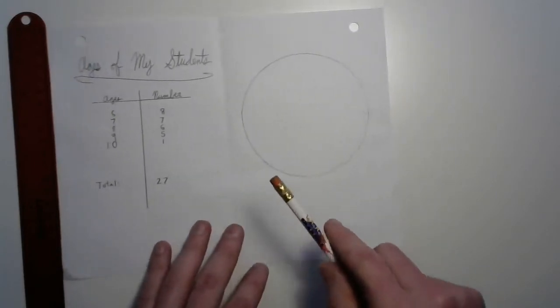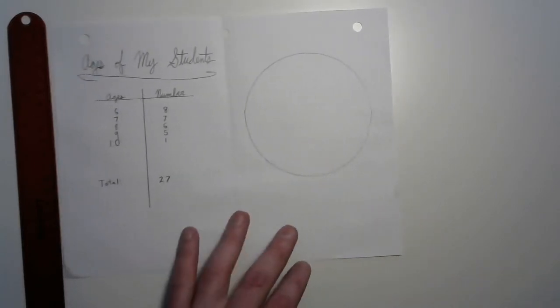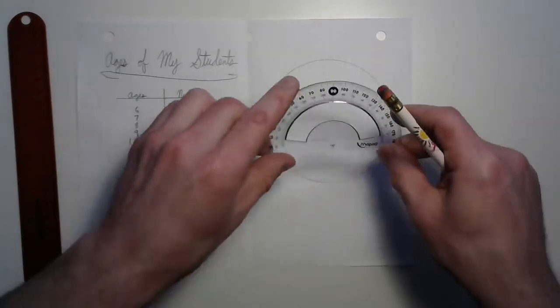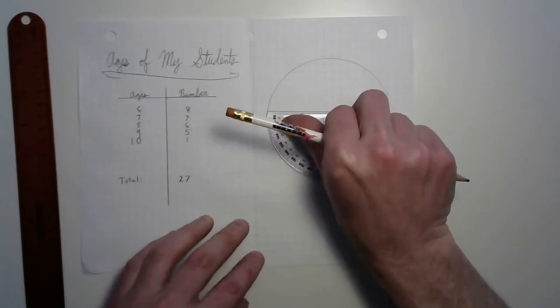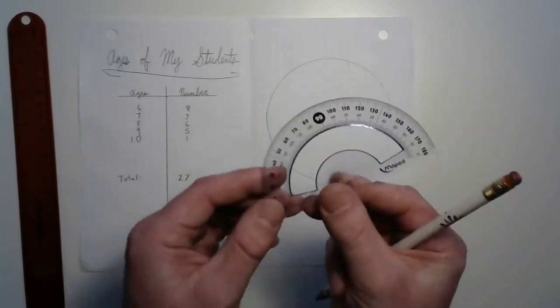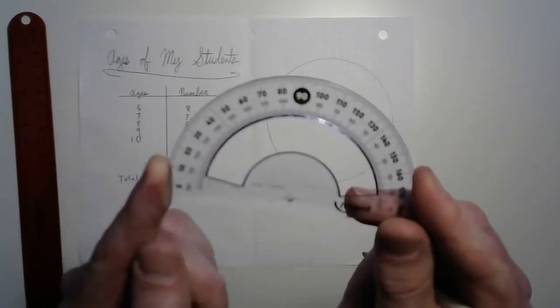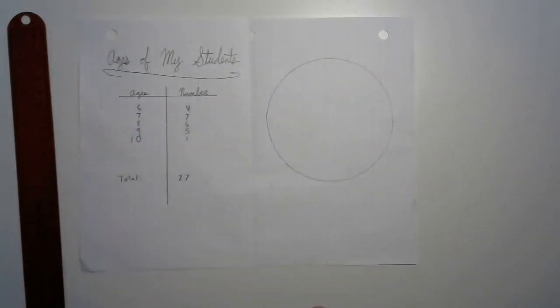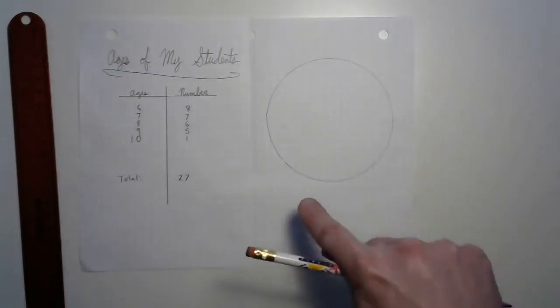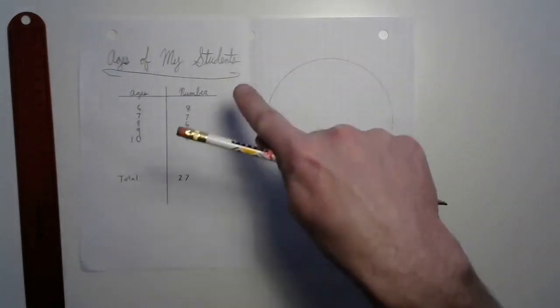How many degrees are there in a circle? And you may know this, or you may need to measure that out real quick to remember that it is 360 degrees. One of these has 180 degrees on it, and if you multiply that by 2 and make a whole, you'll have 360. So there's 360 degrees available in this circle.